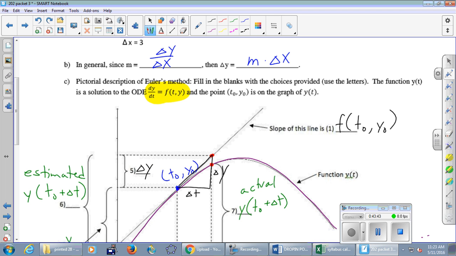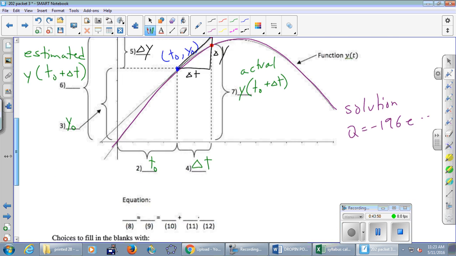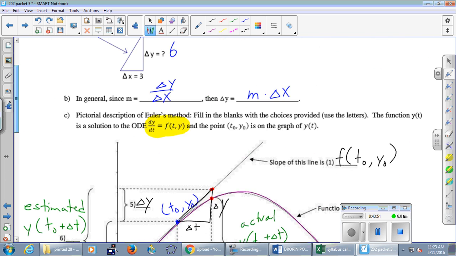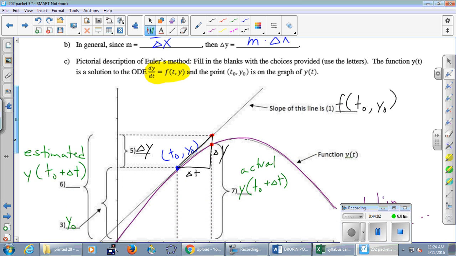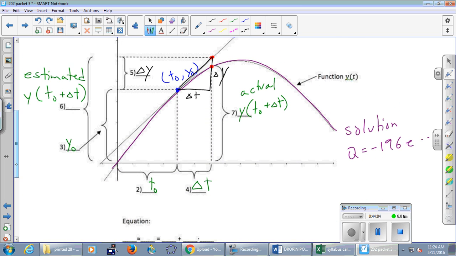Okay, so all we got to do is get a formula down here, and then you guys will start using this theory that we're developing. Okay, thinking about this picture right up here at the top, we know that the delta y is just m times the delta x, right? So I'm going to copy that guy down here, and then we'll start filling it in specifically. So that delta y up there is m times delta, okay, it's not delta x in this picture, what is it?